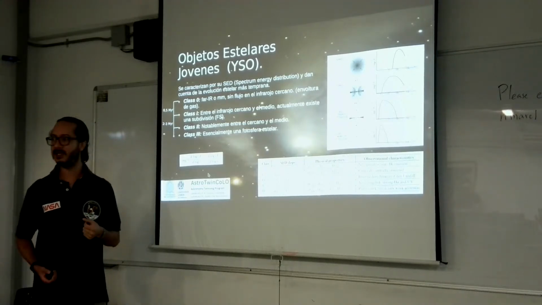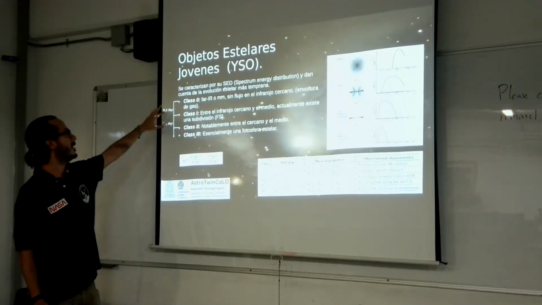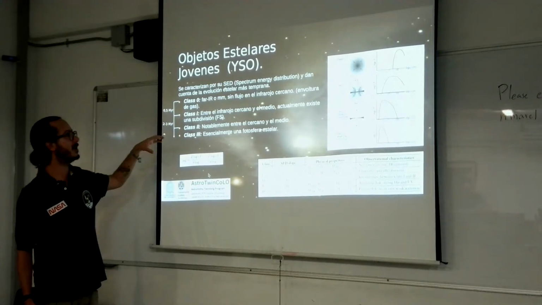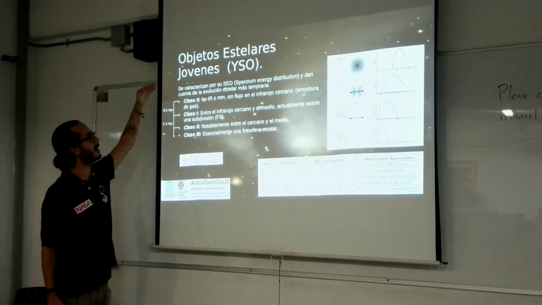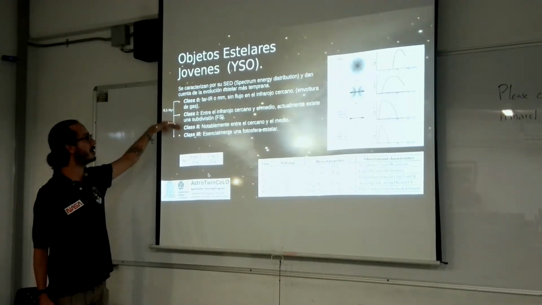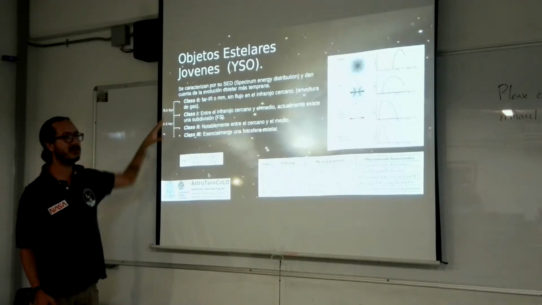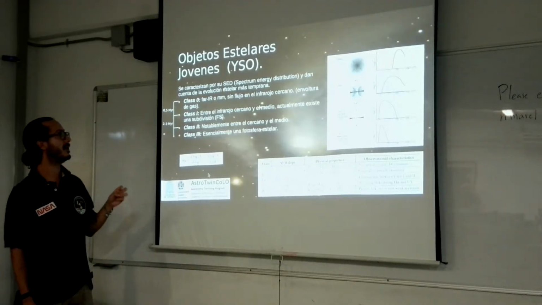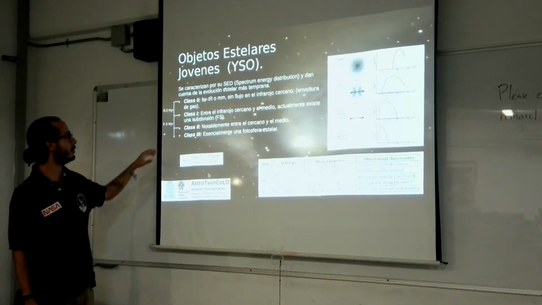of exoplanetary systems. Yeah. So just to make a little review, when a star collapses, we can see that the non-stellar objects can be classified by class 0, class 1, class 3, depending on the SED, the spectral energy distribution.